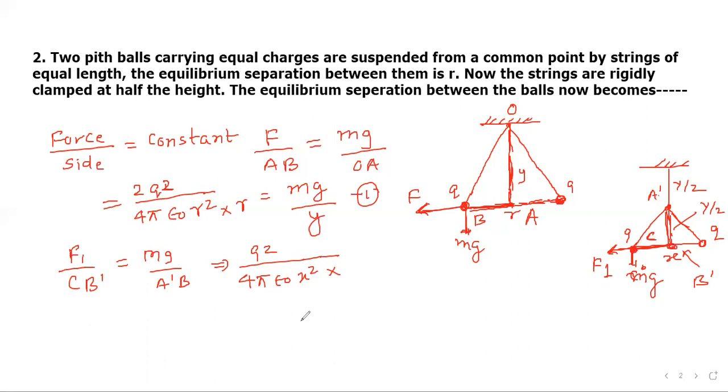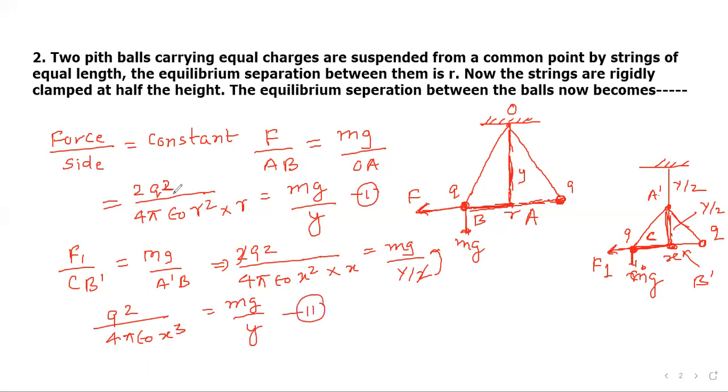This distance will be x by 2, so we write x here and 2 here, equal to mg divided by A dash B dash, which will be y by 2. So this 2 will also go in the numerator, and this 2 and this 2 will cancel out. So this time we have q square divided by 4 pi epsilon naught x cube equal to mg upon y. This is the second equation.